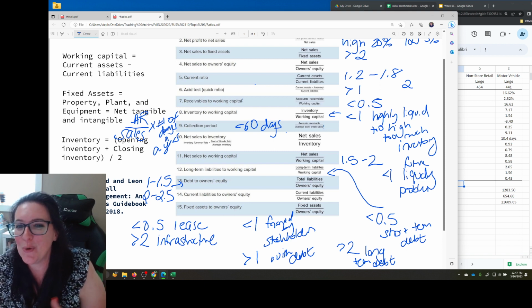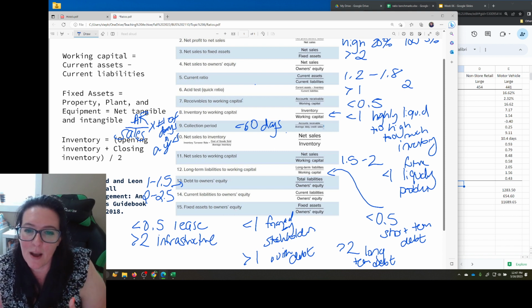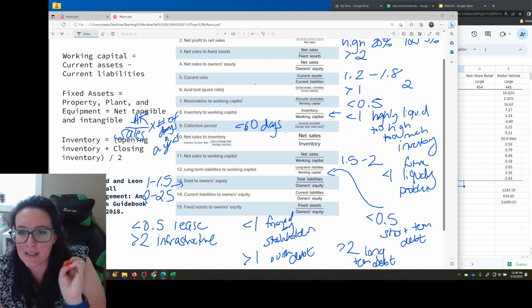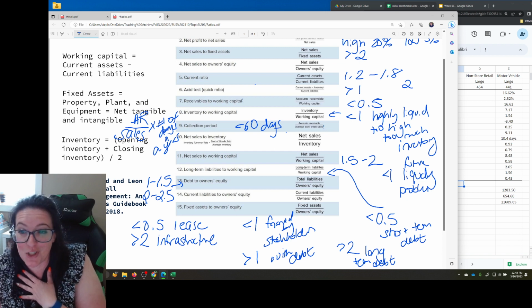Those who we borrowed money from. So the bigger the number, if the company goes under, then we sell the fixed assets, that money goes to pay off the debts. And me, the investor, the stockholder, don't get very much.